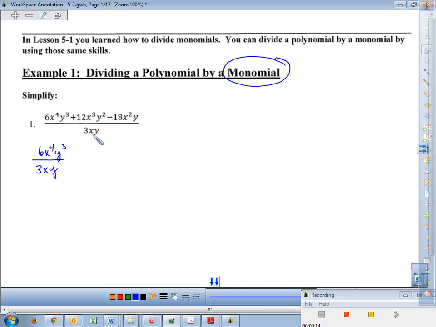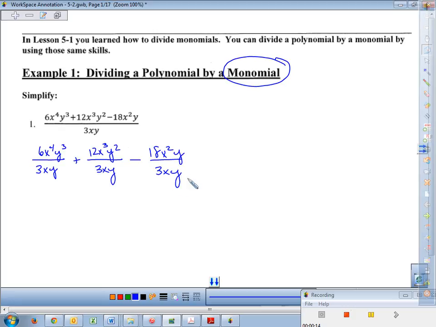I'm just going to take this denominator and put it over all three individual terms in the numerator. And then isn't the next guy plus 12x cubed y squared? That will be over 3xy. Then minus 18x squared y. That will be over 3xy.